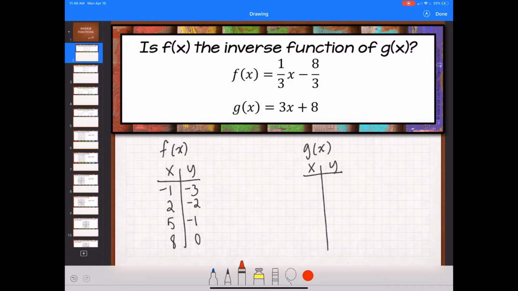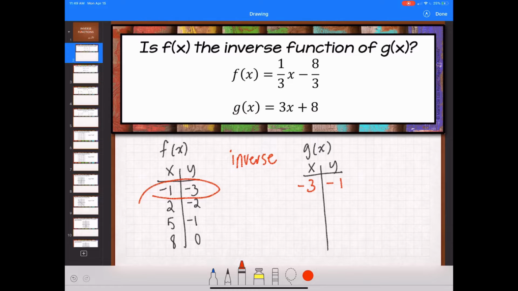If f of x is the inverse of g of x, this point, -1, -3, should reverse. So x equals -1, y equals -3 switches, and now -3 is the x and -1 is the y.